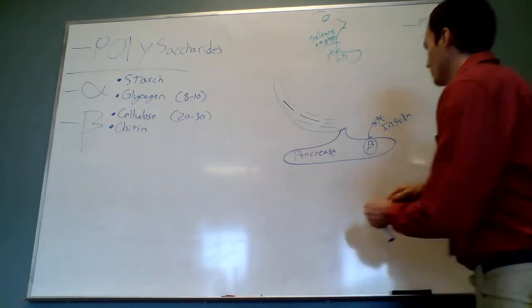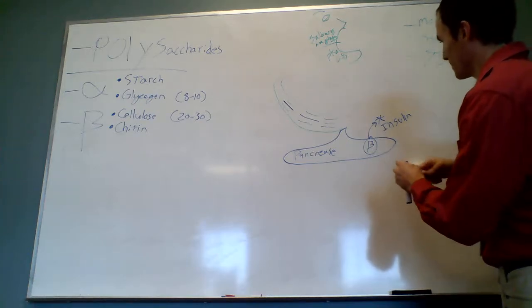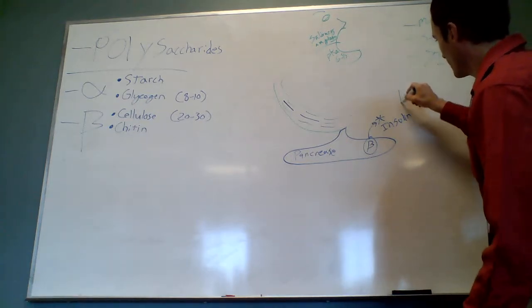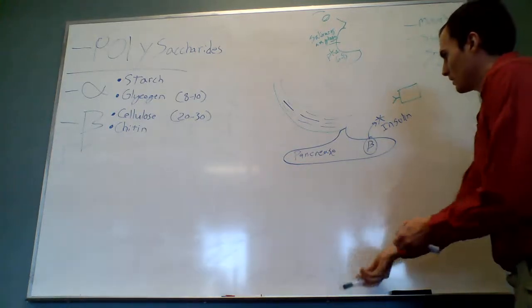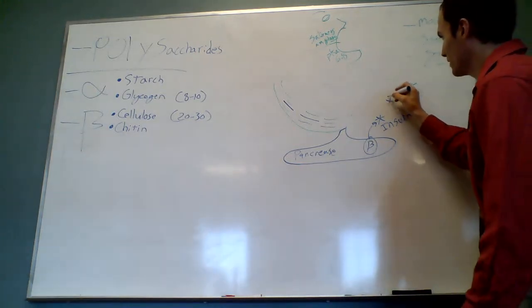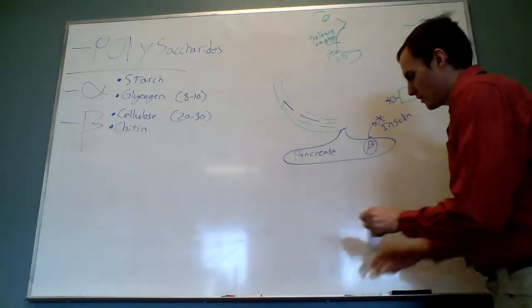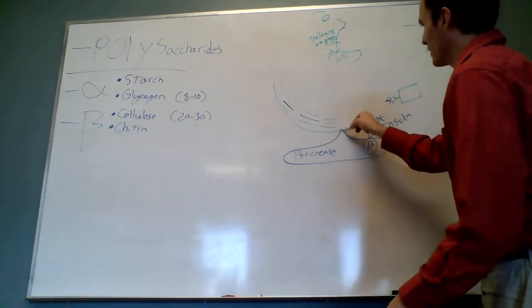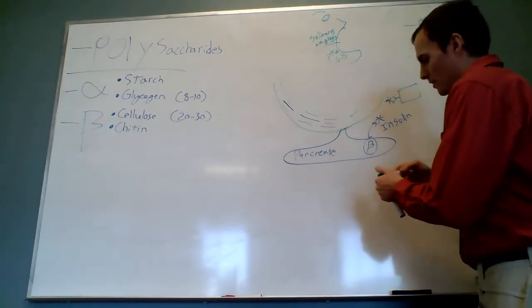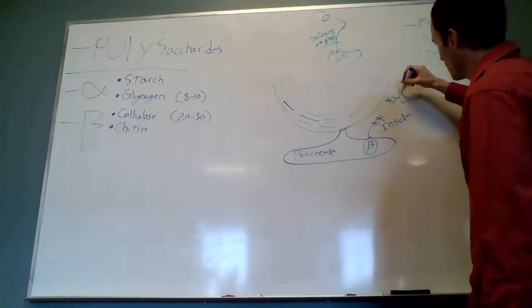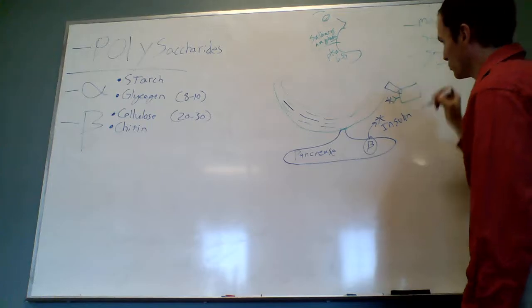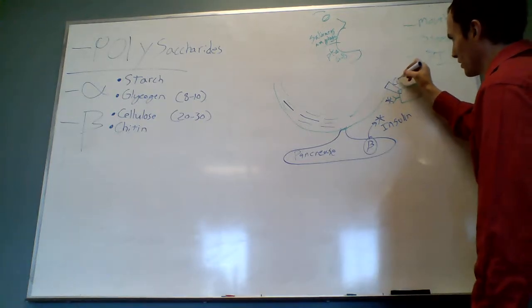I'll pull out green since we're going to go to cells. Anyway, let's say that this is a cell. Here's its little receptor. And then insulin will bind to that. And now, once insulin has bound to that, this cell will put out a glucose transporter, probably GLUT4.